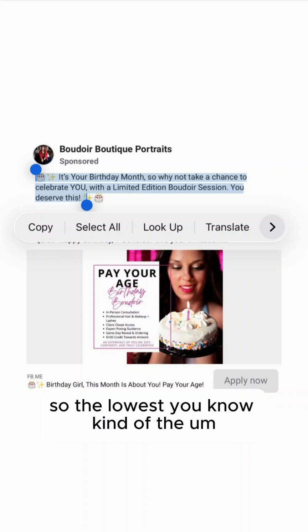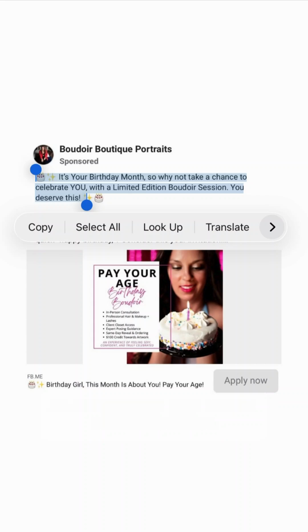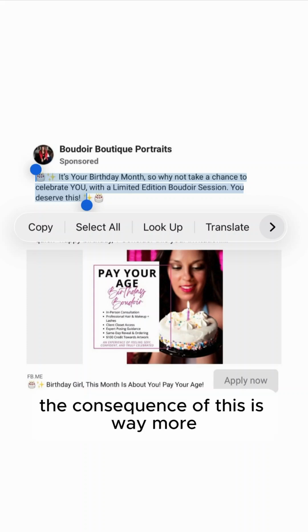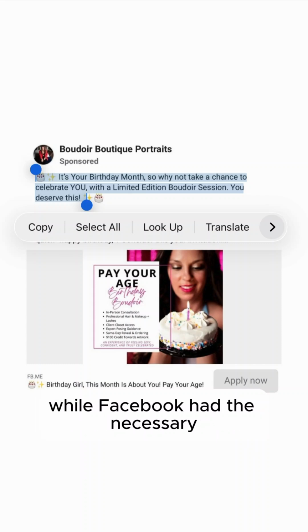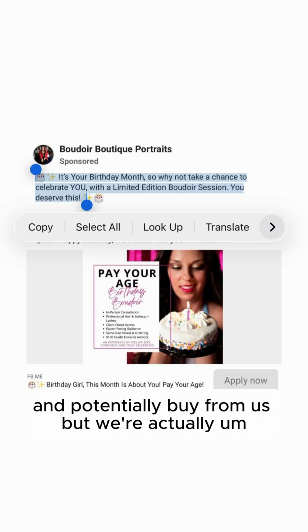The consequence of this is way more women are going to scroll by our Boudoir Facebook ad than necessary, women who could have been perfect to click in and potentially buy from us.